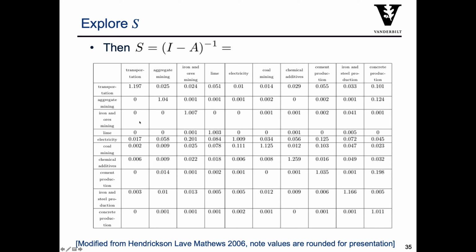The iron and ores mining sector, you can see there's a lot of zeros here. 0, 0, 1, 0, 0, 0. I mean, these are all relatively small numbers compared to if you look just one or two up to the transportation sector, that the row sum here is smaller compared to the row sum here. It means more other sectors depend on the transportation sector.